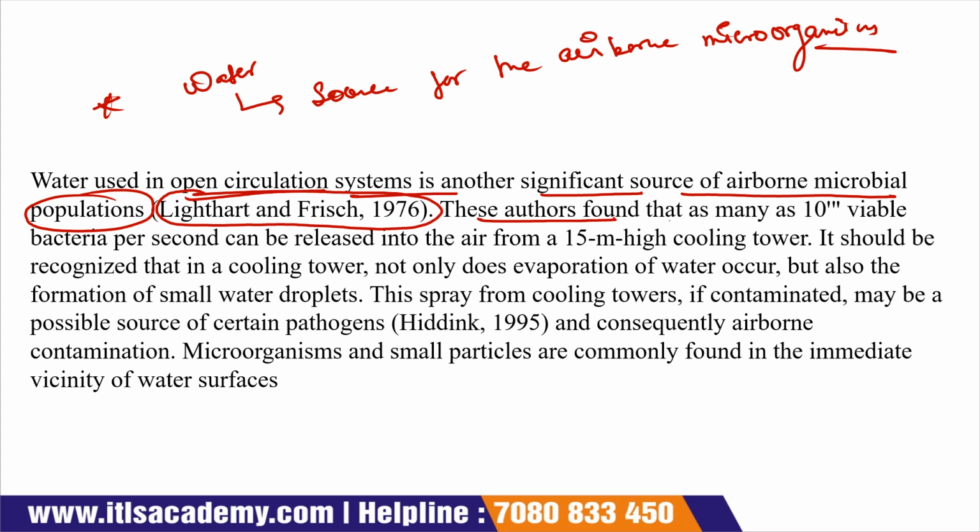These authors found that as many as around 10 viable bacteria per second can be released into the air from a 50-meter high cooling tower. From a 15-meter high cooling tower, around 10-fold viable bacteria per second are released.